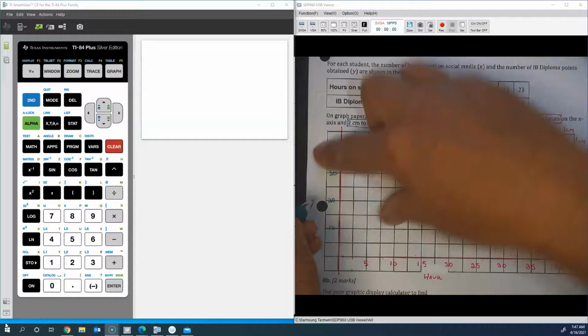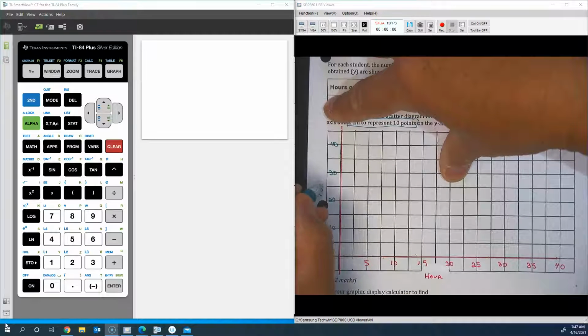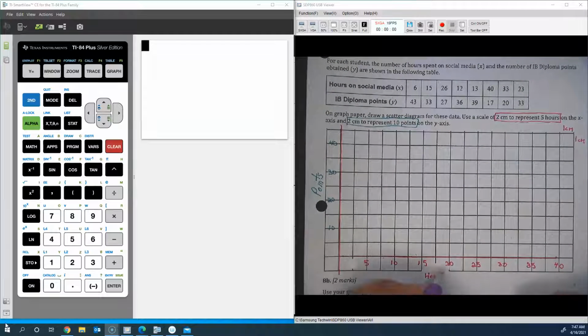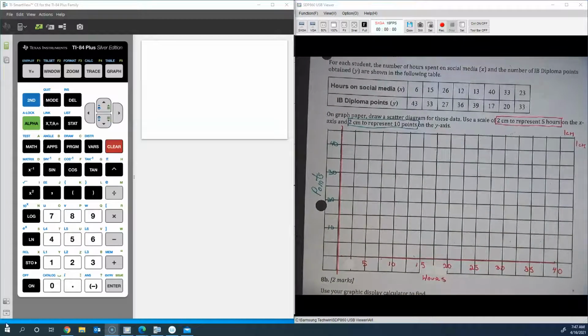So this is points, and this is hours on social media. Now go ahead and plot these points.